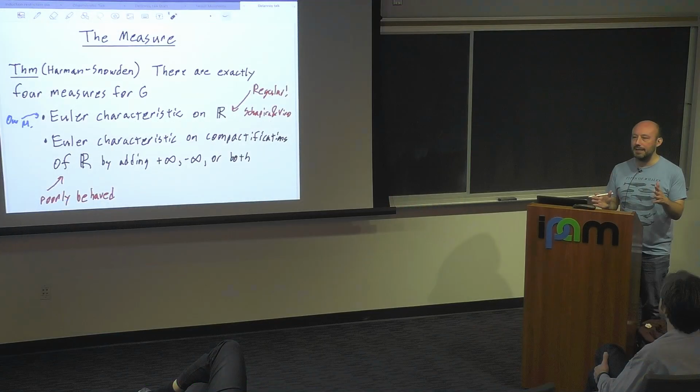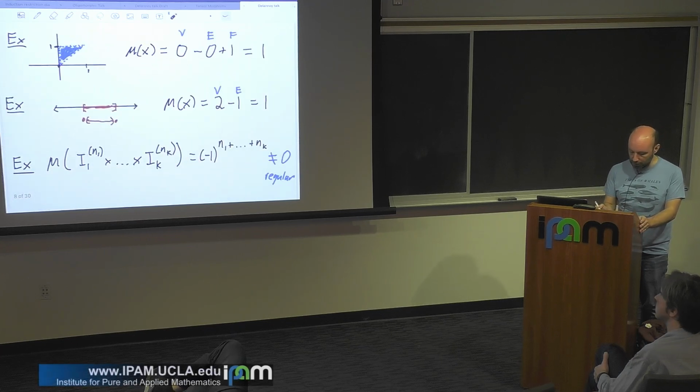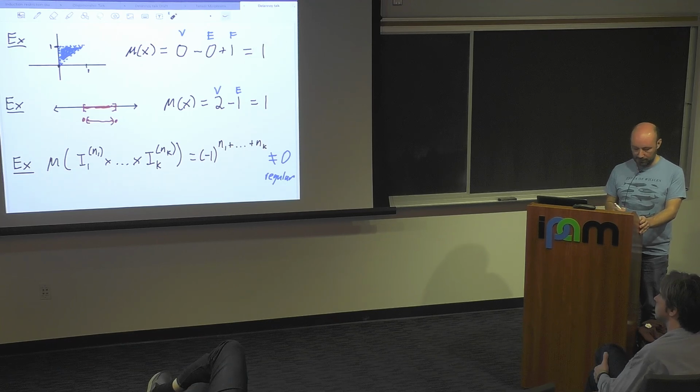It's slightly different than what you're often used to, Euler characteristic of only closed submanifolds. Here they can be open or partially open. So let me just show you what happens. If I take this triangle that I mentioned before that doesn't contain its edges, this has Euler characteristic 1 because it has no vertices, no edges, and 1 face.